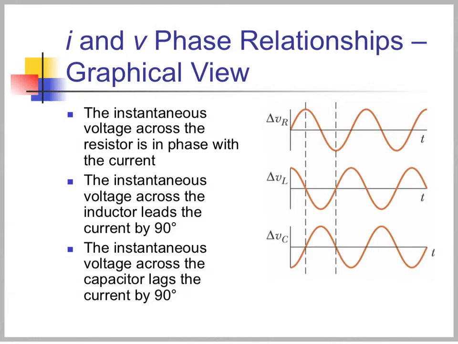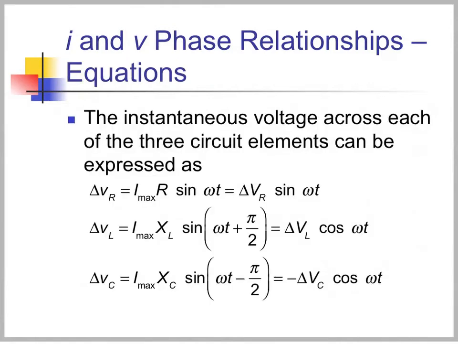So the instantaneous voltage across each of the three circuit elements is expressed as, well, delta V sub R is I max R sine omega t, which we could just call delta V sub R sine omega t. And delta V sub L is I max chi sub L sine omega t plus pi over 2, or delta V sub L cosine omega t. And for the capacitor, it's I max chi sub C sine omega t minus pi over 2, or minus delta V sub C cosine omega t.